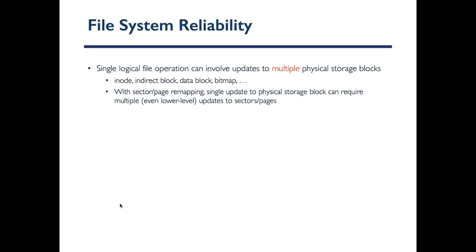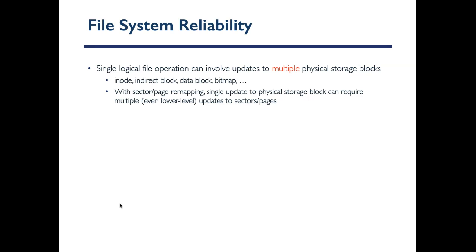You've got to set some pointers, like let's say if you have FFS, you have to set a bunch of double indirect or triple indirect pointers. So the single file creation has a bunch of operations, a bunch of updates to the file system.